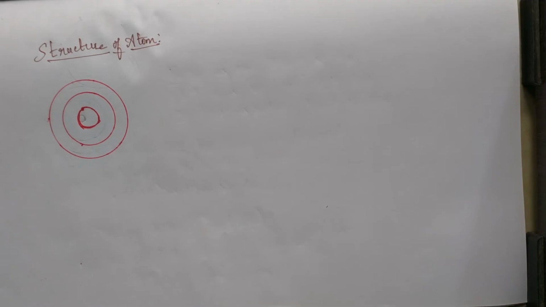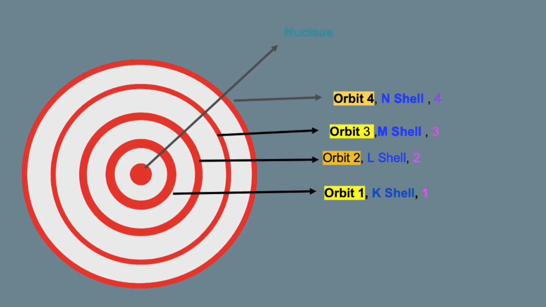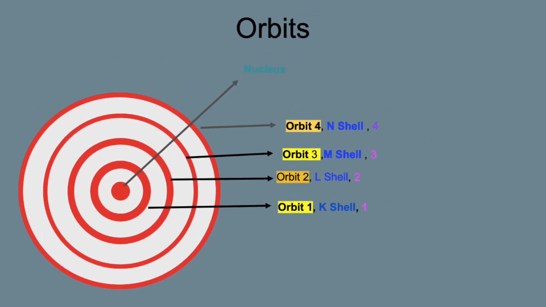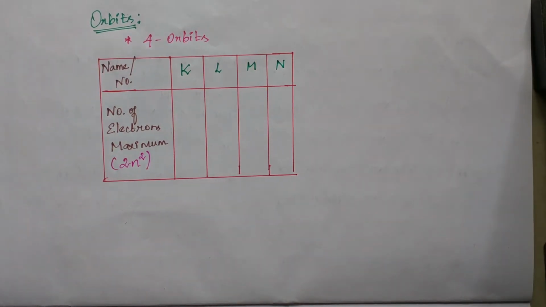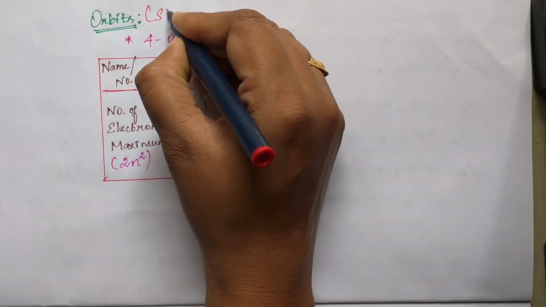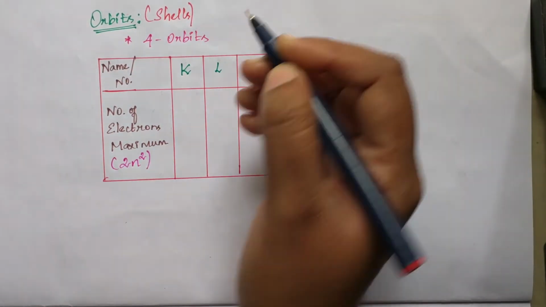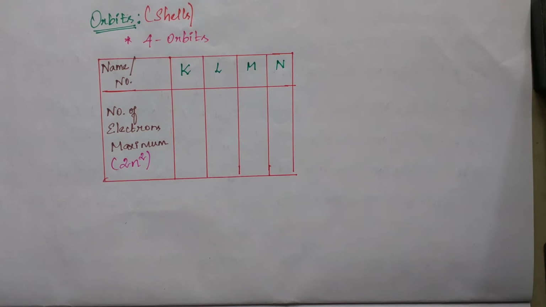So this is the diagrammatic representation of an atom. Already I said that orbit is otherwise known as shells. Instead of alphabets, you can also number them.